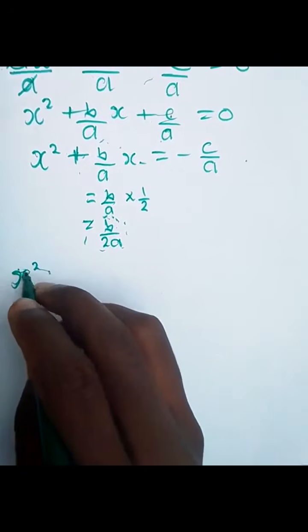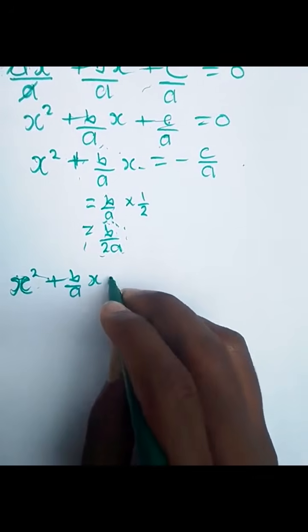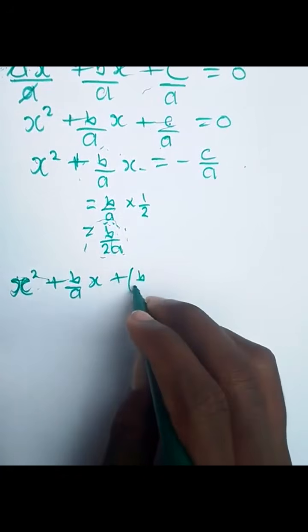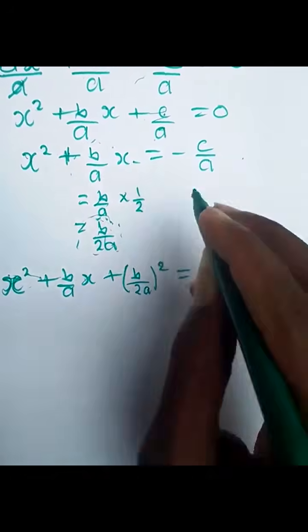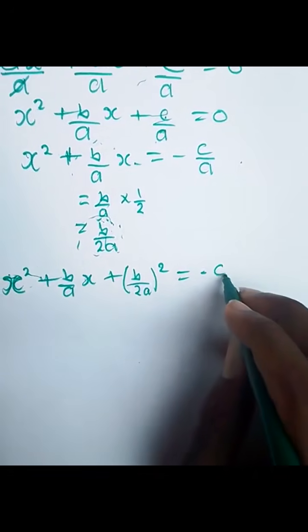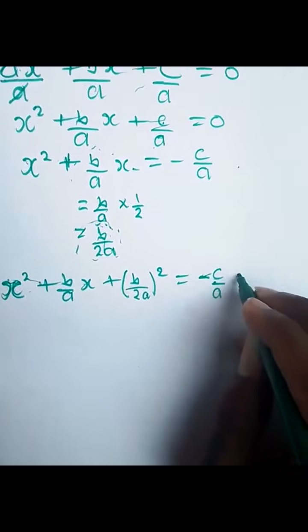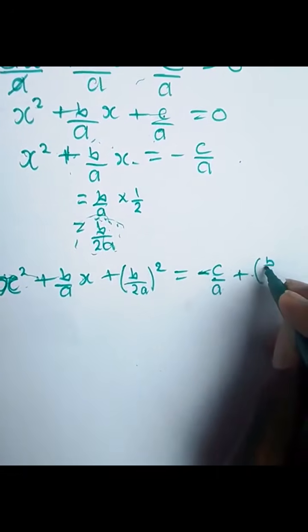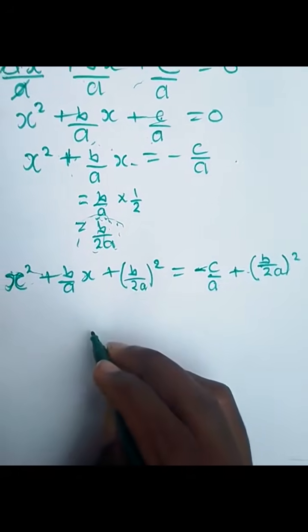I'm initially having x power 2 plus b over a x, then I'll add this one, b over 2a, but I'll raise it to a power of 2. Then on this side, I'll say negative c over a, plus, I'm adding this one, but I'll raise it to the power of 2.